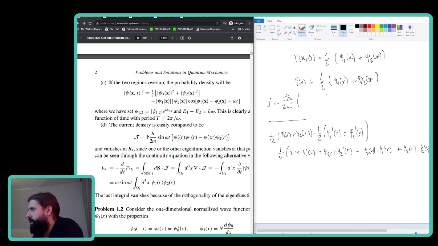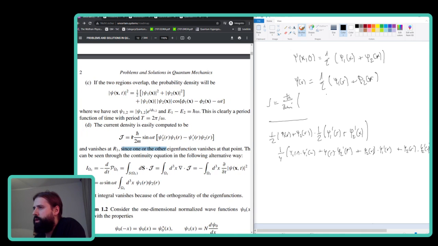But still, where do you even get that thing from? And why does this vanish at R1 since one of the other eigenfunctions vanishes at that point?